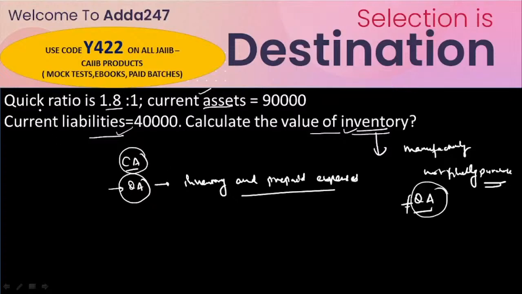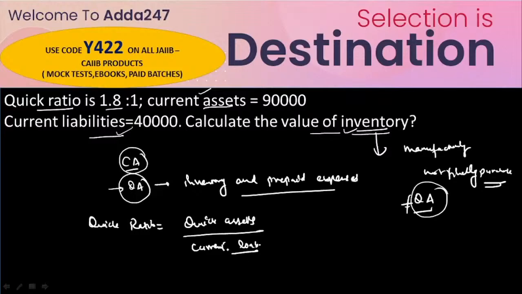Here the quick ratio is given, and we all know the formula of the quick ratio is quick assets divided by current liabilities. Why don't we include quick liabilities here?